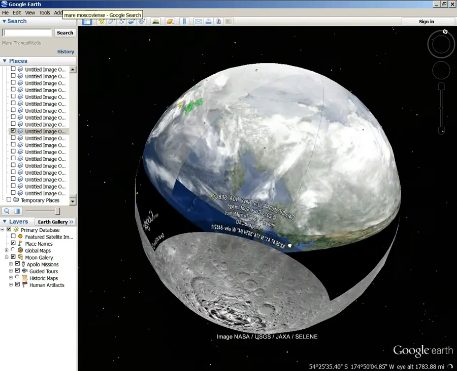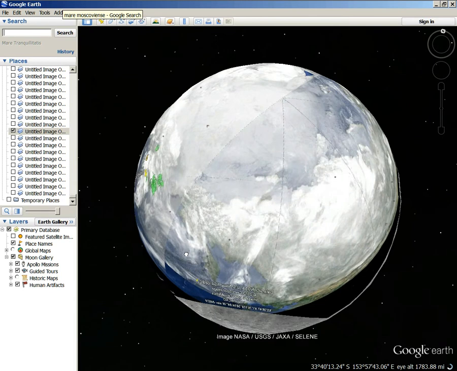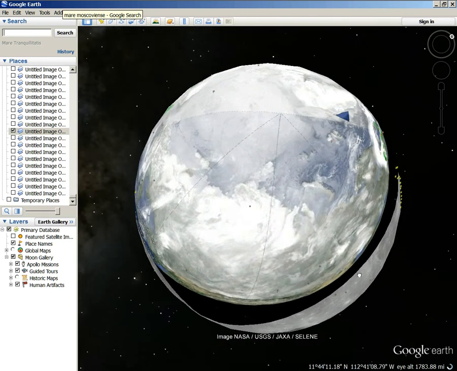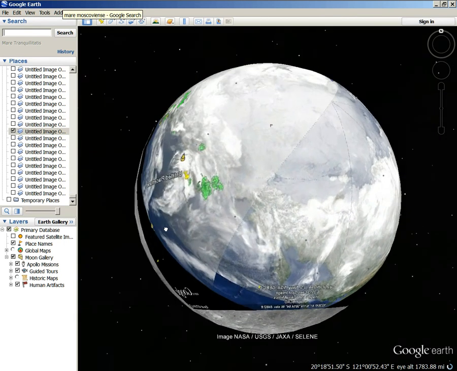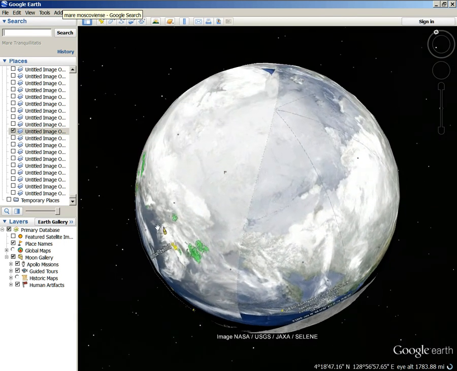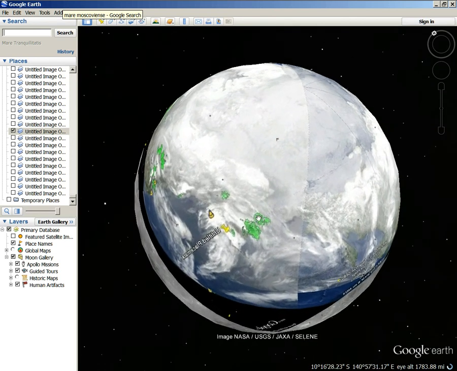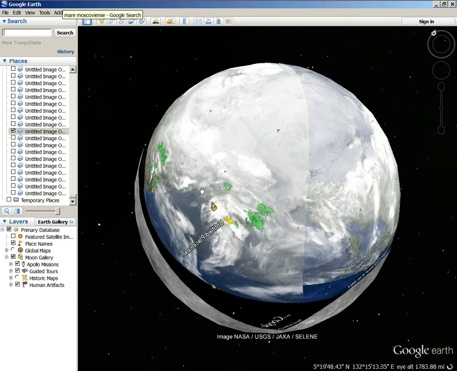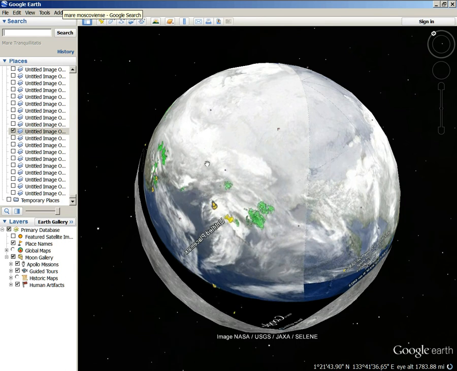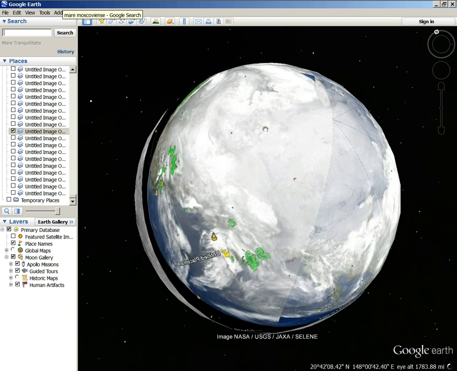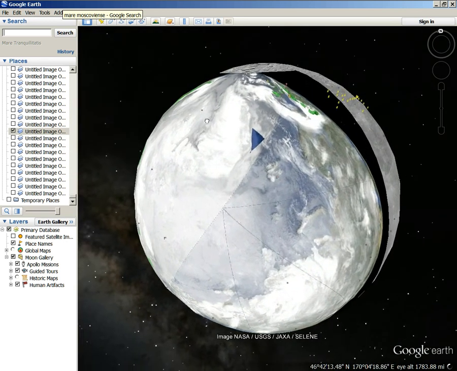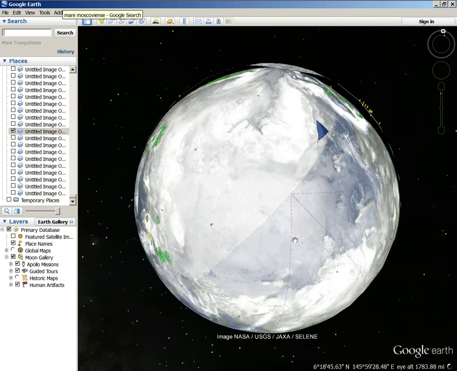Yeah, it's backwards. So this is Russia. This would be Alaska over here. It's hard to tell, but it looks like it could be in the right area, anyways.